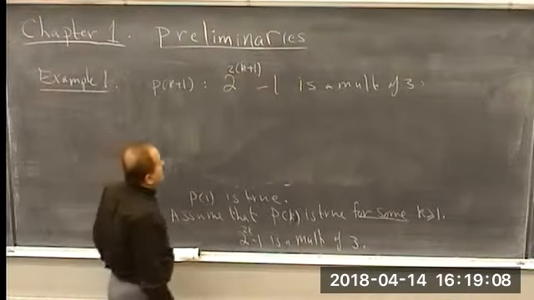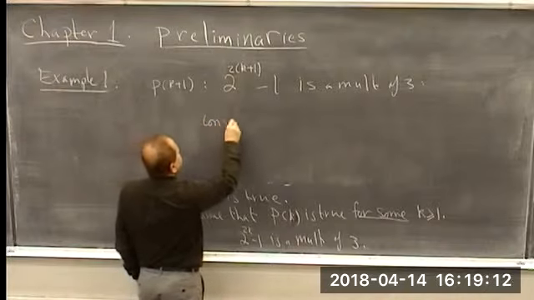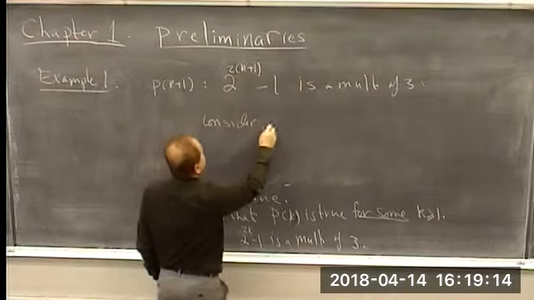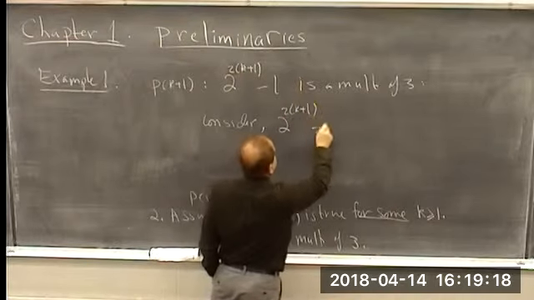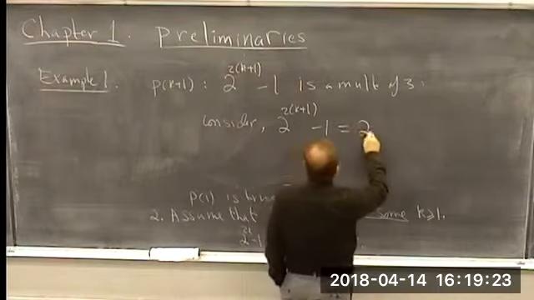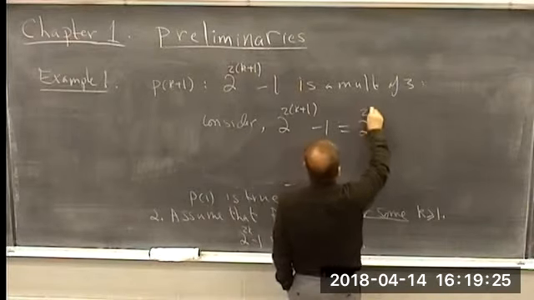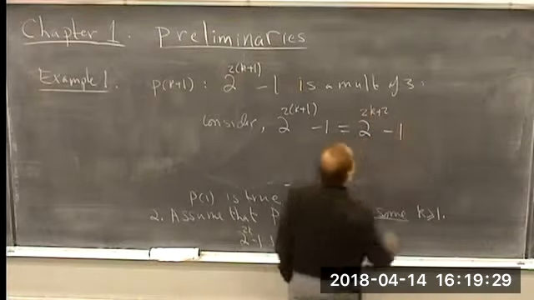Let's consider this number here. We could write this one as 2 to the power 2k plus 2 minus 1.